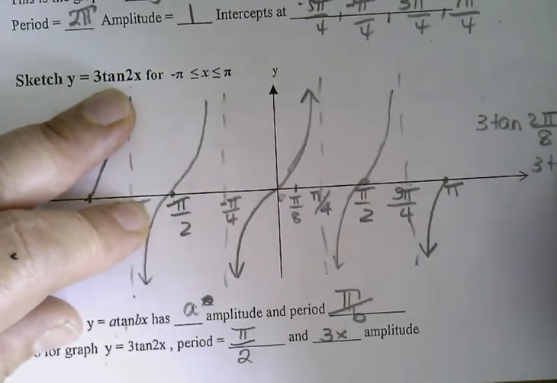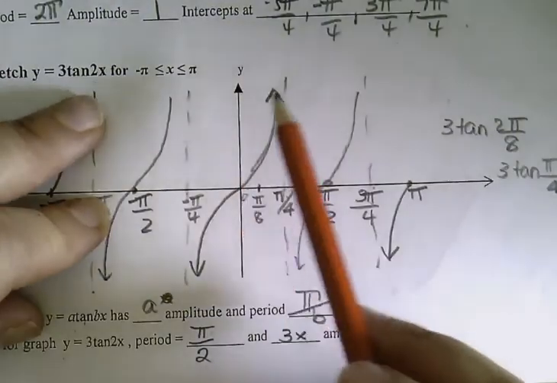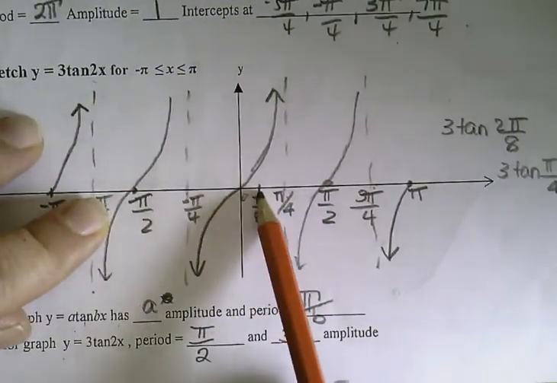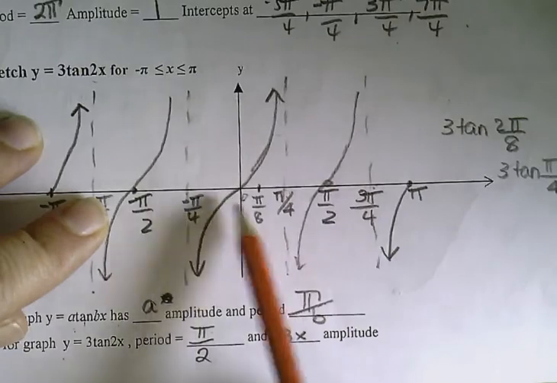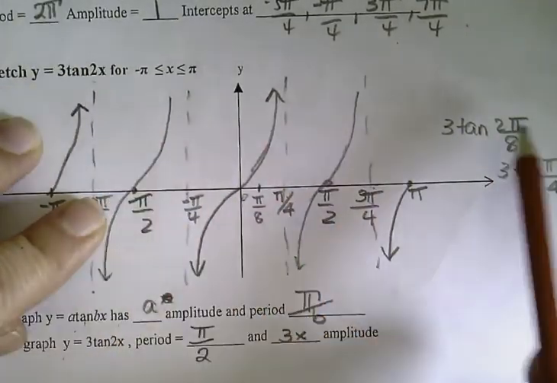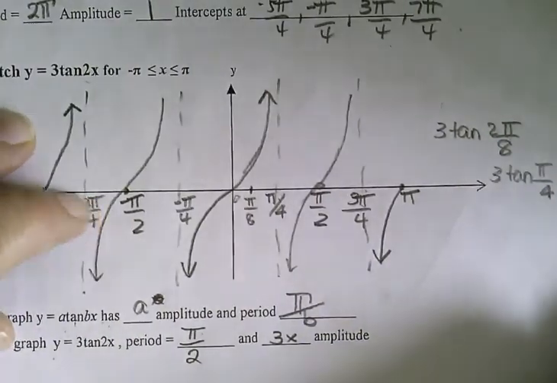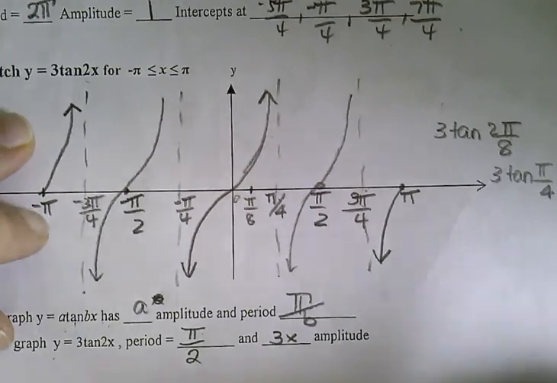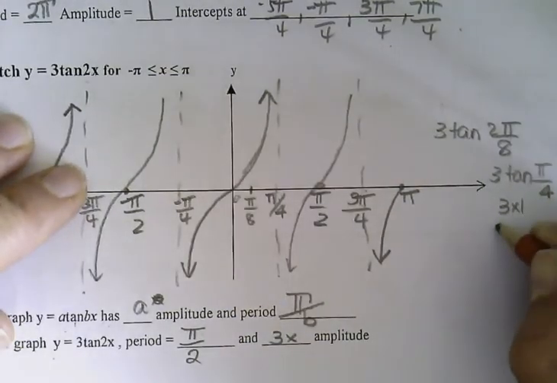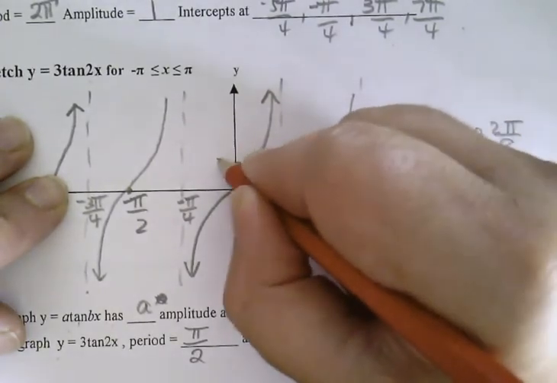Isn't that just 3 times the tan of pi on 4? What's 3 times tan pi on 4? 3 times 1, which is 3. So at pi on 8, all you need is a 3 there.